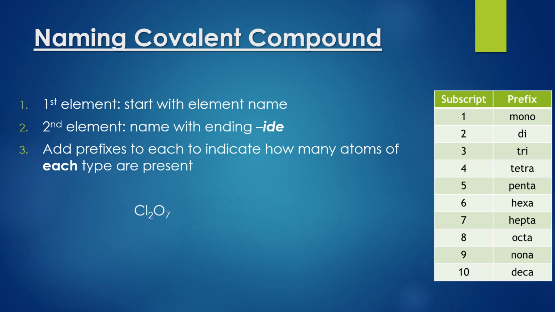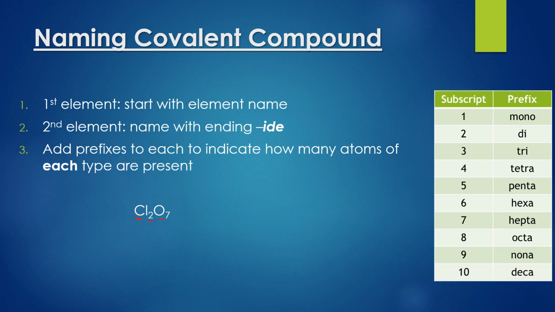Let's look at another example. In this compound here, first off, we know that it's covalent because there are 2 nonmetals bonded to each other. Chlorine is the first element present. Oxygen is the second element present. For the chlorine, since there are 2 of them, we need to add the prefix of di. So it would be dichlorine.